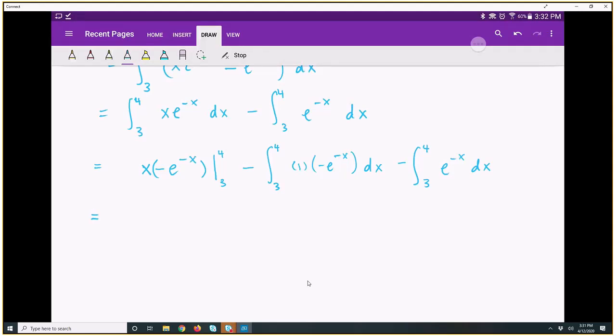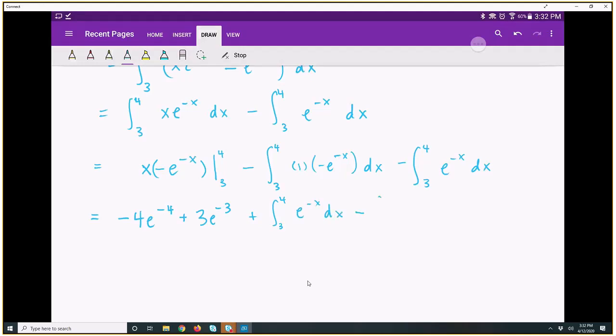So here, evaluating at my limits, I'll get minus 4e to the minus 4. Then I'm going to subtract, but I'm subtracting a negative, so I'm adding 3e to the minus 3. This integration, I have negative times negative, so it becomes a positive integration 3 to 4 of e to the minus x dx.